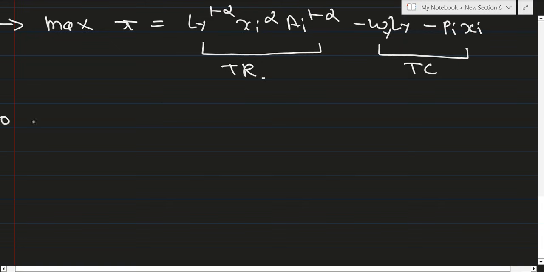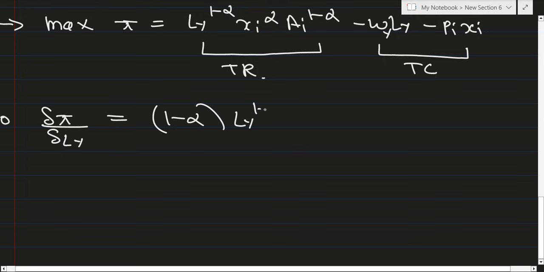Now what do we do? We partially differentiate del pi by del Ly. So this becomes 1 minus alpha, Ly to the power 1 minus alpha, xi to the power alpha, ai to the power 1 minus alpha, minus w, and put it equal to 0.